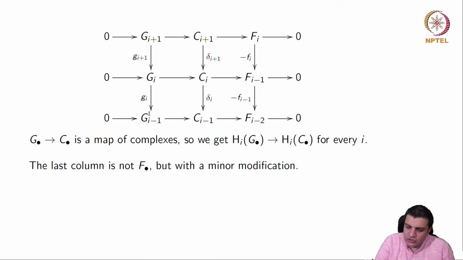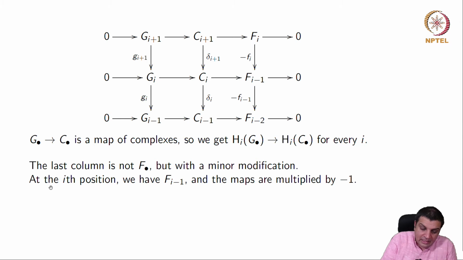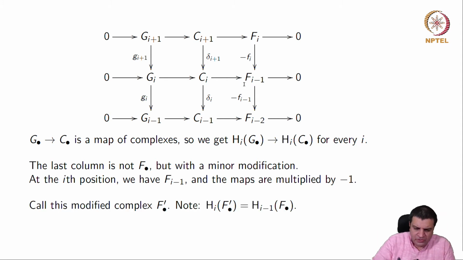Now just observe that the last column is not the complex F, but there is a minor modification, which is that its indices have been shifted by 1. At the ith position of the new complex, we have Fi minus 1, and the maps are multiplied by minus 1. So there's a shift in the indices and a multiplication by minus 1 in the maps. We'll call this new complex F prime, just a notation.